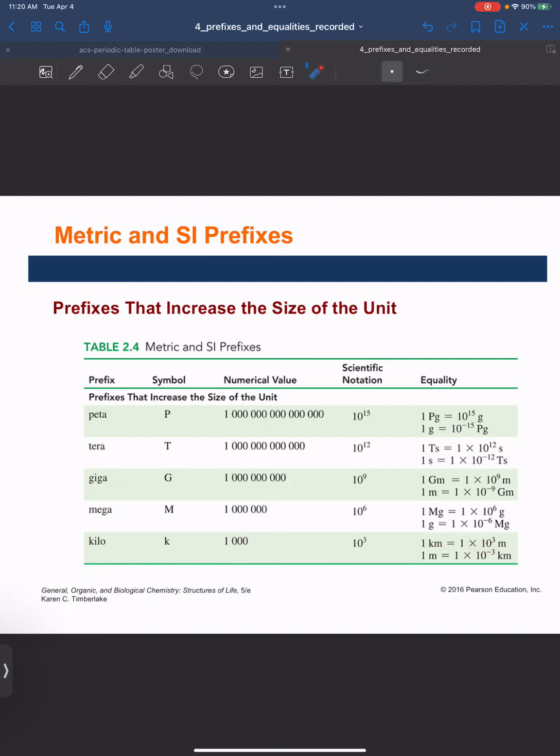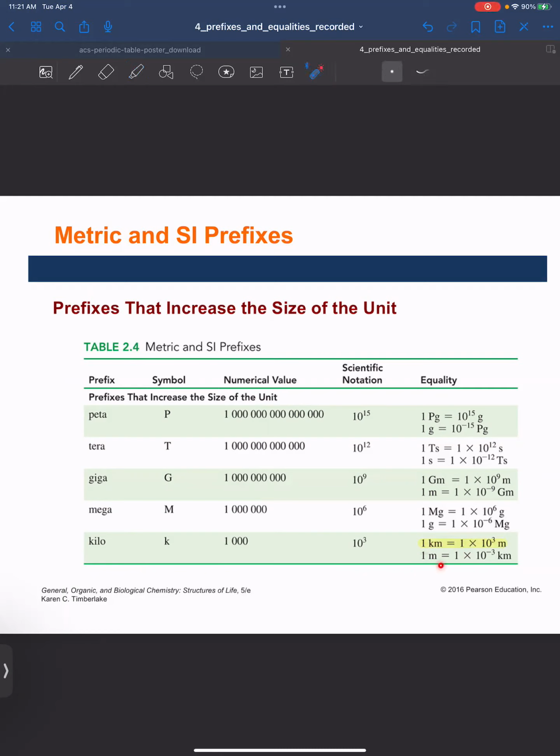Now with these example equalities in the table, you notice that the units at the end are changing. They're interchangeable. So for example, I could have easily said that 1 kilogram is 1 times 10 to the third grams. Now, when I work through problems in this video and in future videos, I tend to use this equality here where I do not have to worry about negative exponents.